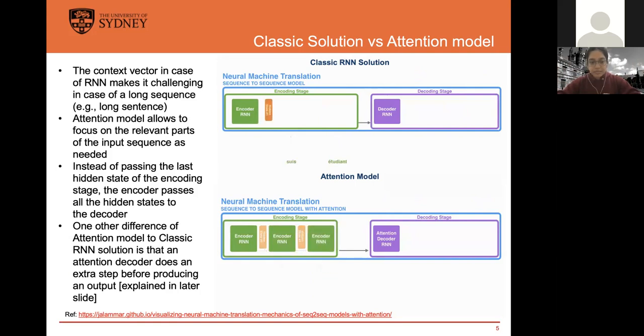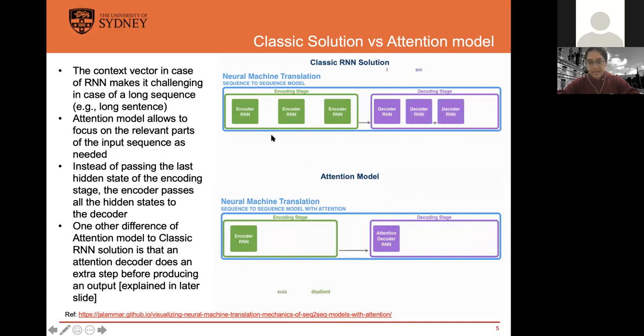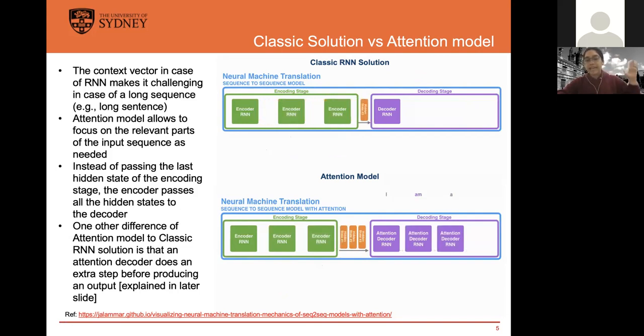This is just a visualization to show what is happening in the RNN solution. One input goes into the encoder, comes out, and then for every word you have the input word and the hidden state of the previous layer.